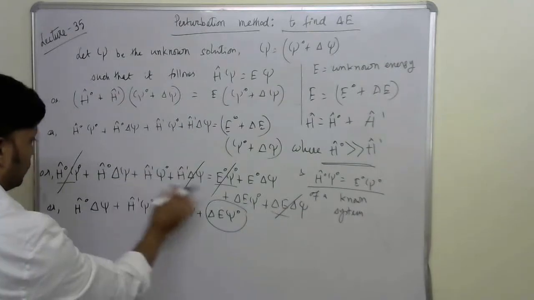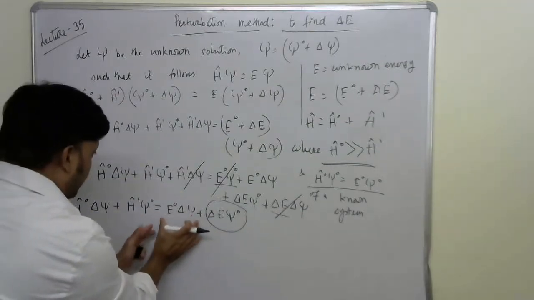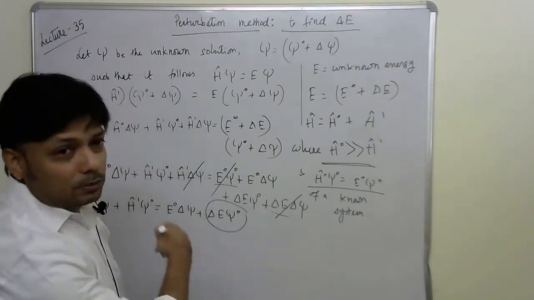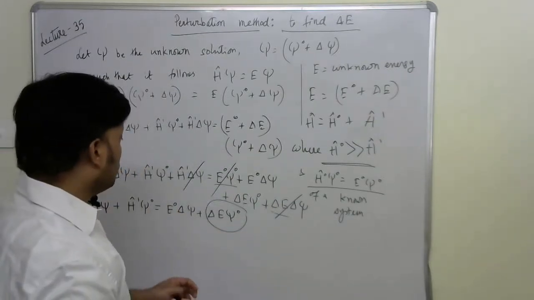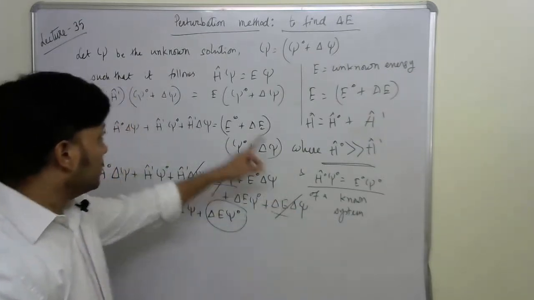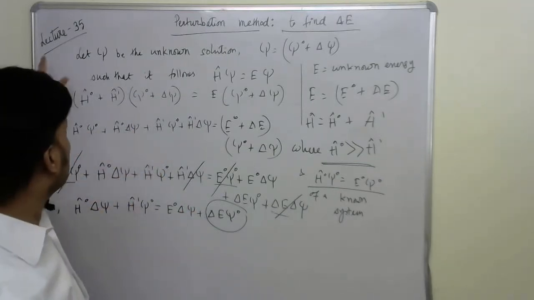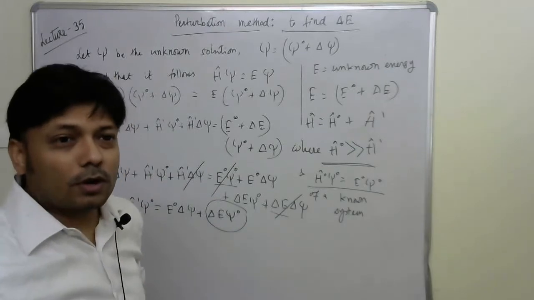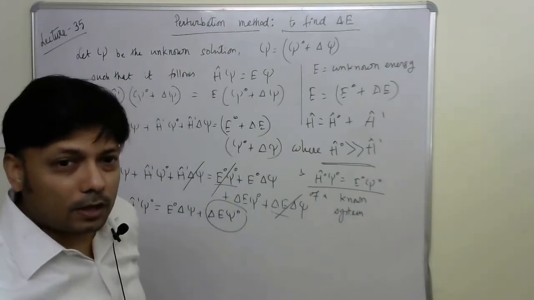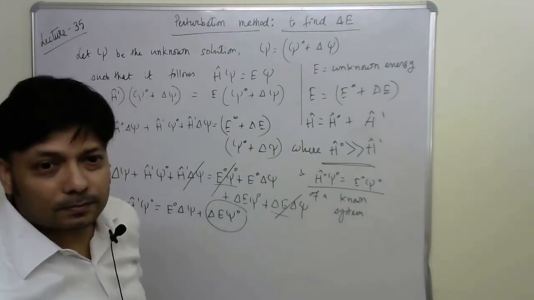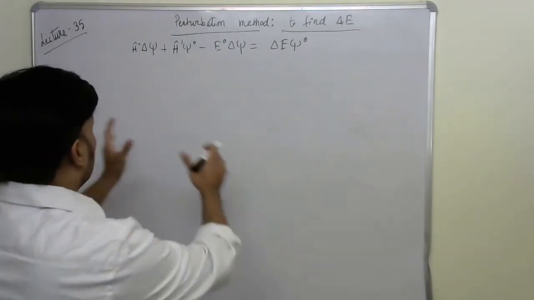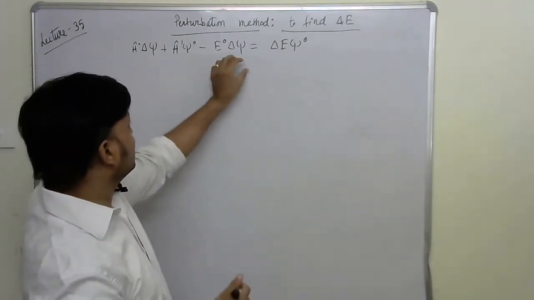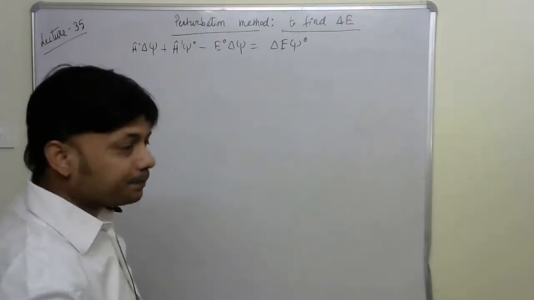We are going to transfer this part over here, so that the delta E term gets to the right side. So let's erase the board and start from the top, because we are going to do some more derivation steps. Okay, so I have rewritten this equation here by taking this term from the right side.